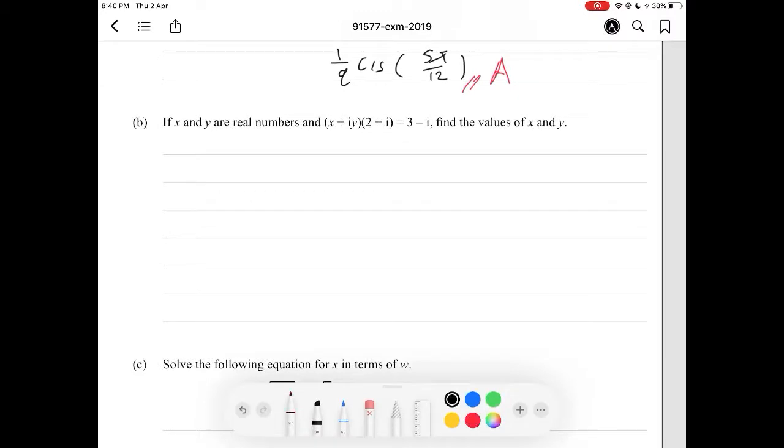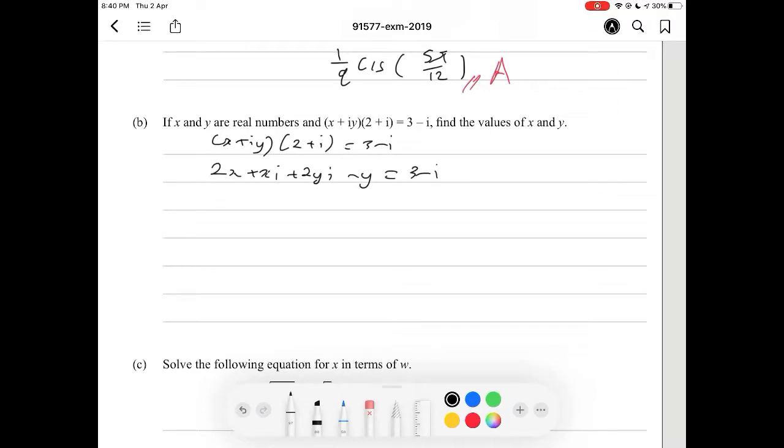Okay, question B. If x and y are real numbers, and x plus iy times 2 plus i equals 3 minus i, find the values of x and y. Alright, so first things first, we're going to expand the brackets. Therefore, 2x plus xi plus 2yi minus y equals 3 minus i.